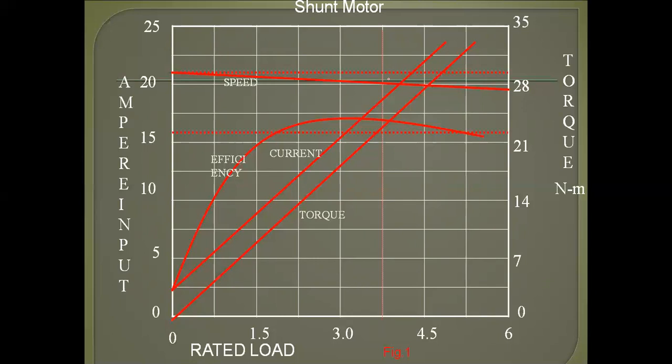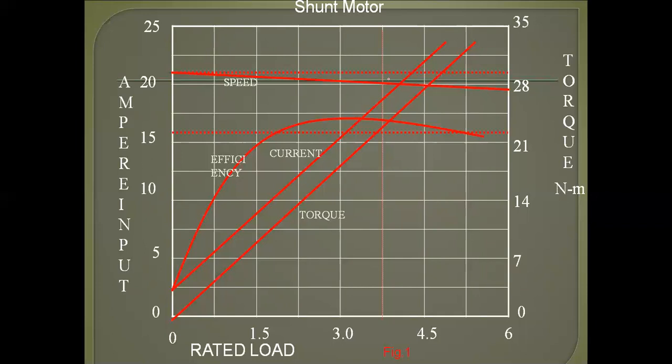Therefore, shunt motors can be used for loads which are totally and suddenly thrown off without resulting in excessive speed. Please underline this statement: shunt motors can be used for loads which are totally and suddenly thrown off without resulting in excessive speed.